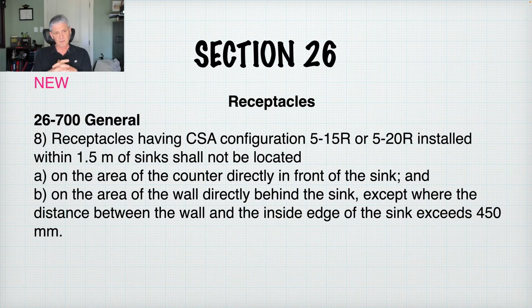So receptacles having a CSA configuration of 515R or 520R installed within 1.5 meters of sinks shall not be located A, on the area of the counter directly in front of the sink, and B, on the area of the wall directly behind the sink, except where the distance between the wall and the inside edge of the sink exceeds 450 millimeters.